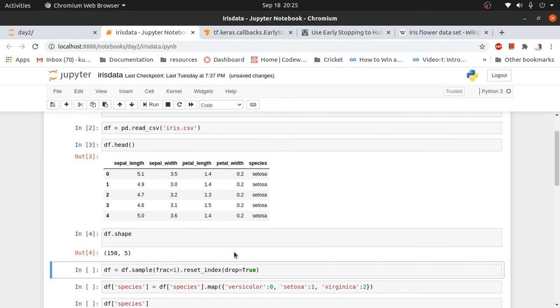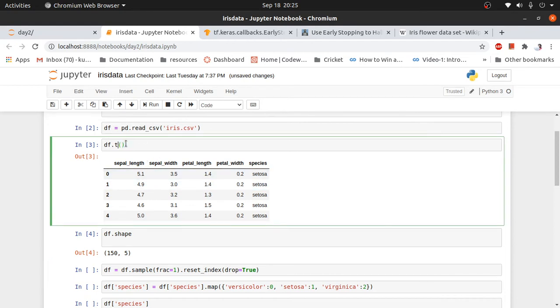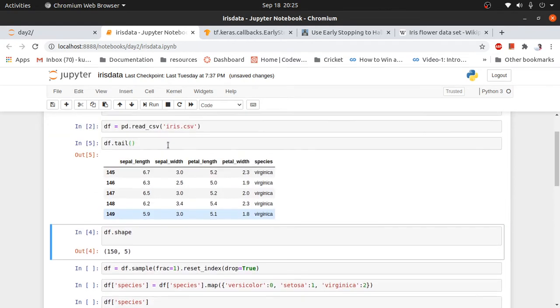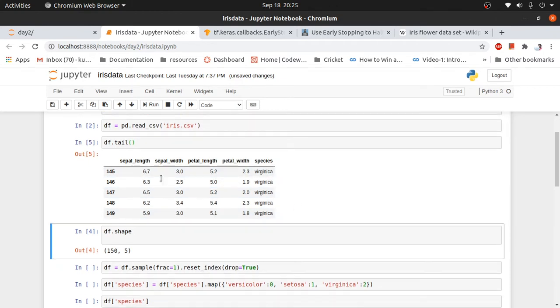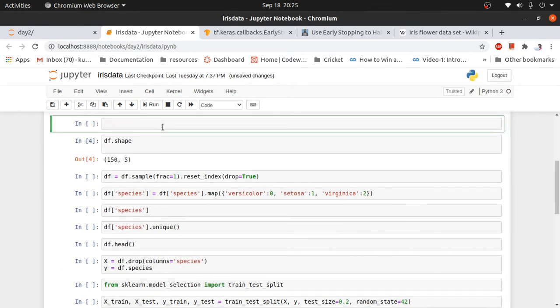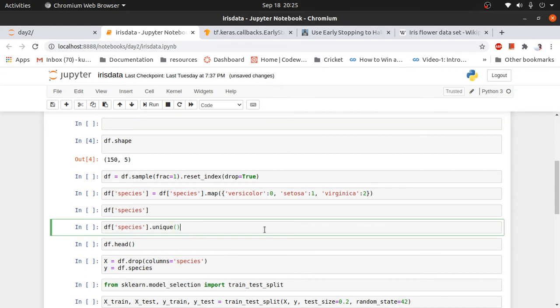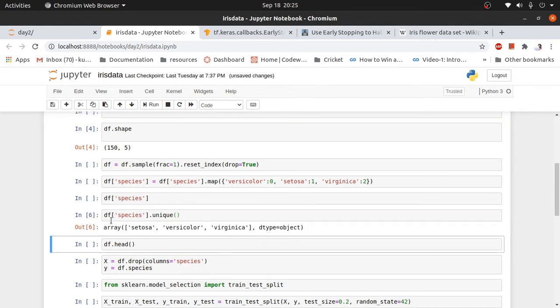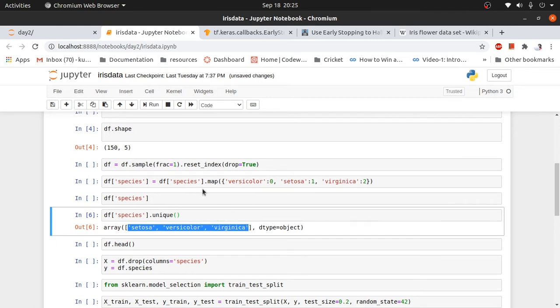Like 50 samples of Setosa, 50 of versicolor, 50 of virginica. So that's how this dataset is distributed. Let's also see the tail of the dataset. Yes, we can see virginica. And what is the other method by which we can see? Here it is, df species unique. We have Setosa, versicolor, and virginica.